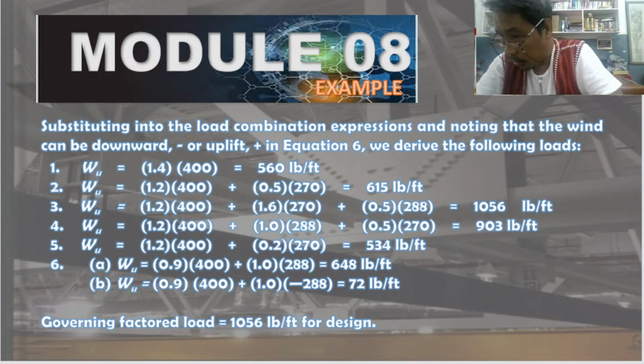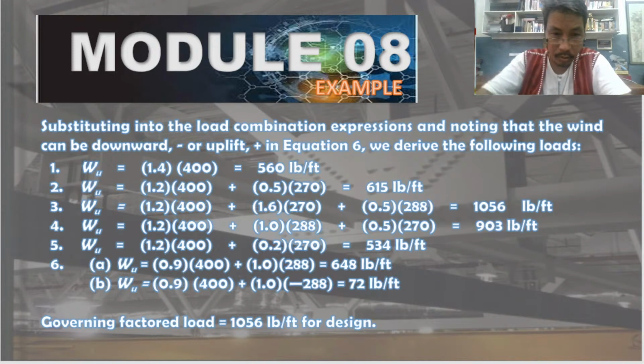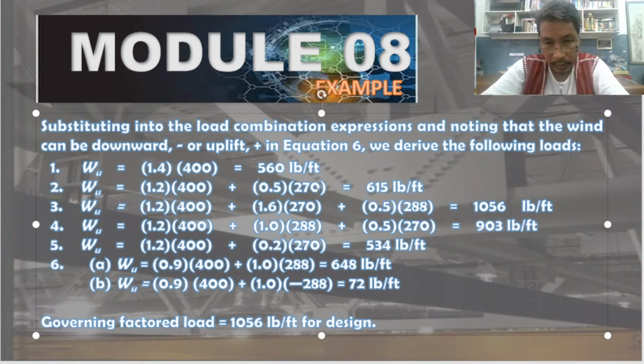Note the difference with equation number 2. Look onto your copy of equation number 2. Equation number 2 is 1.2D plus 0.5 LR, S, or R. That is what we mean by this. However, on equation 3, 1.6 is multiplied by roof live load.